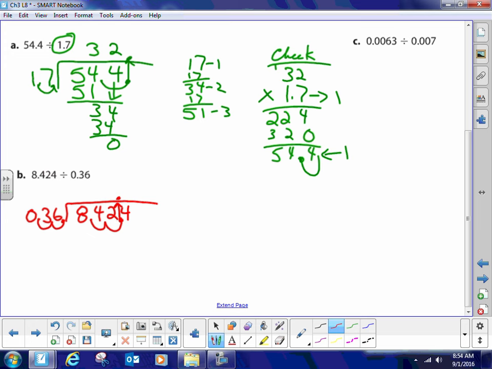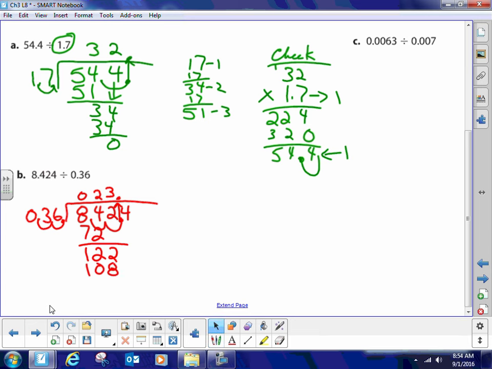Now 36 cannot go into 8, but 36 can go into 84. Looks like it'll go in there twice. This is 72. And this is going to be 12. And then 72 plus 36 is what? 108. Yeah, that's going to be 108.